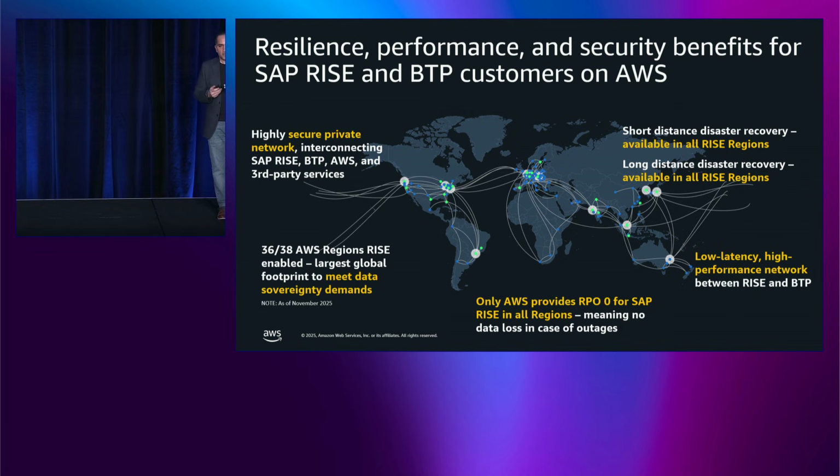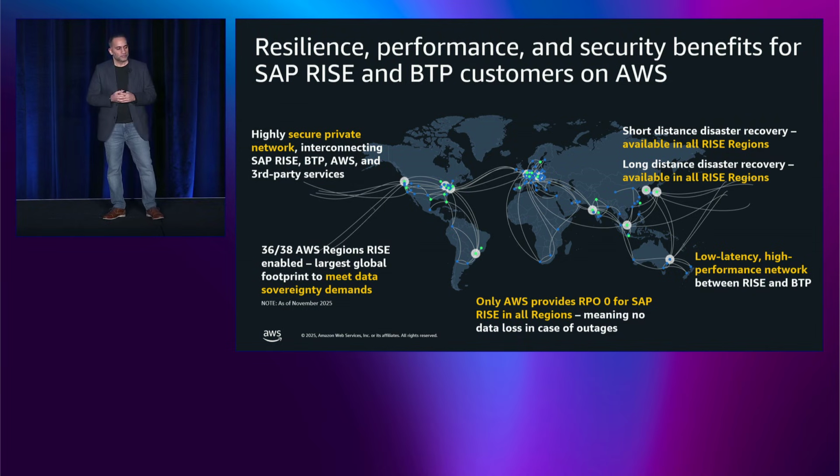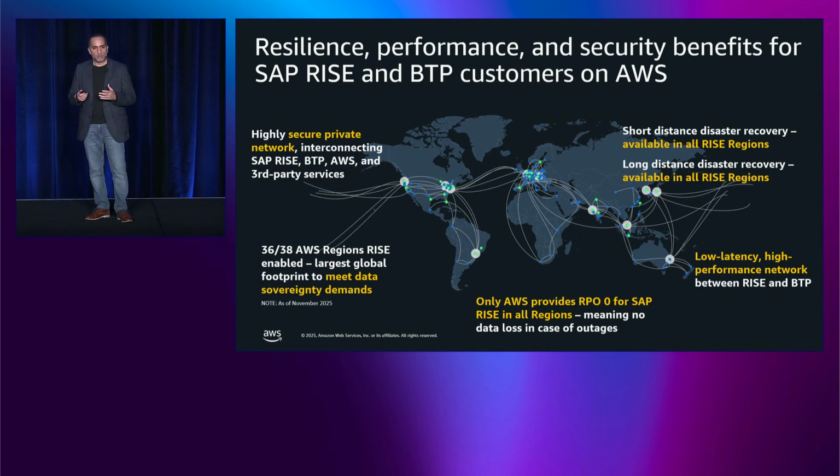AWS has extensive resilience capabilities for SAP Rise and BTP customers. We provide a highly secure private network interconnecting SAP Rise, BTP, AWS, and third-party services. With SAP Rise available across multiple AWS regions globally, we offer a broad geographic footprint that helps our customers to meet their data residency and data sovereignty requirements.